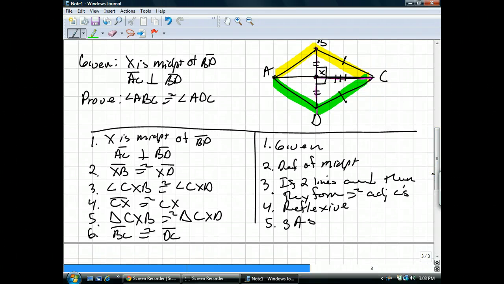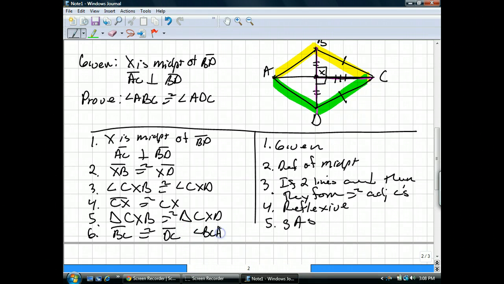And I can also say that angle BCA, or let's say BCX, is congruent to angle DCX. And we can say both of those things because of corresponding parts of congruent triangles are congruent.